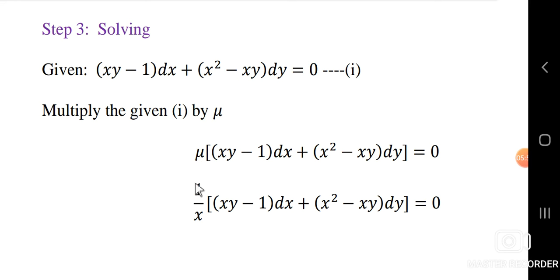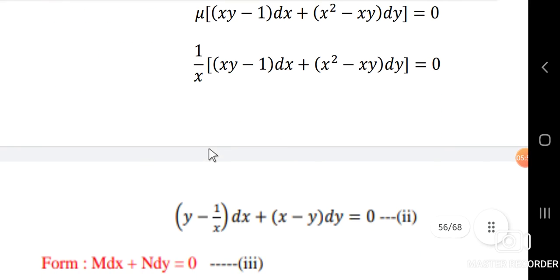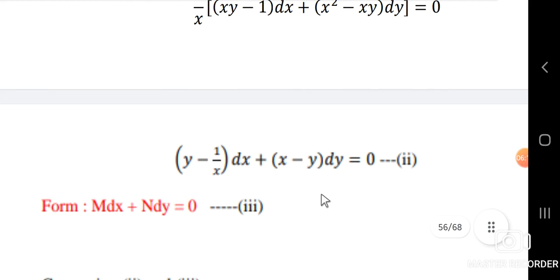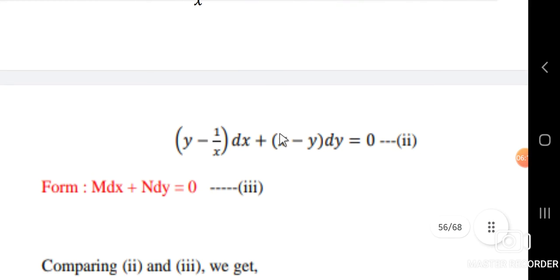What is mu? Mu is 1 by x. So bring this 1 by x term wise. If you bring this 1 by x here, x becomes cancelled and you get y minus 1 by x dx. If you bring this 1 by x here, x square becomes x and xy becomes y. So this is our new equation, and I am sure that this will be exact.